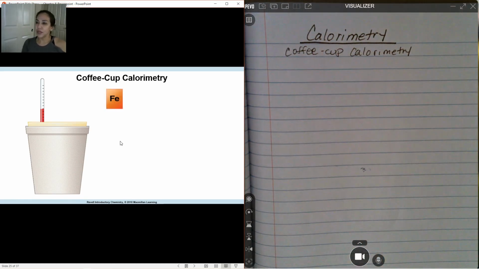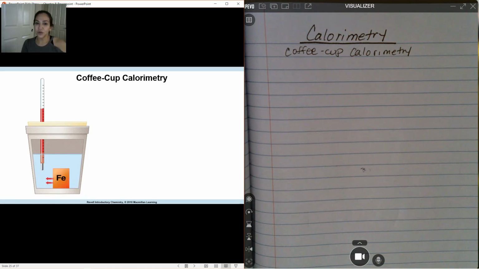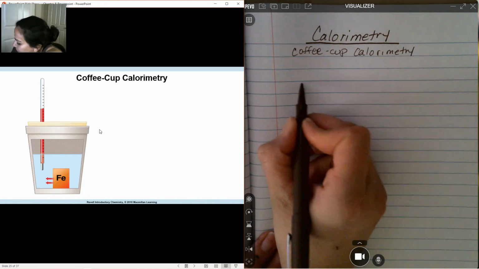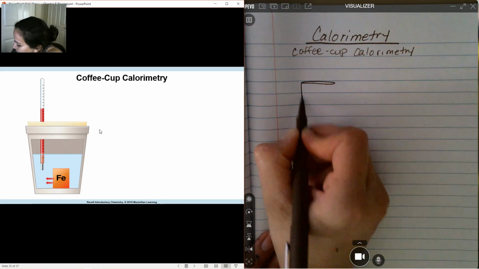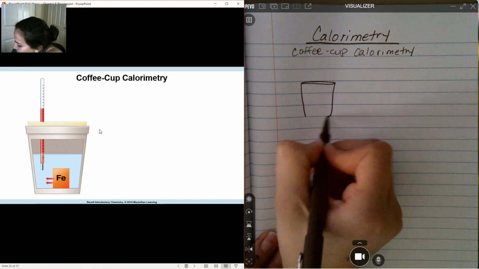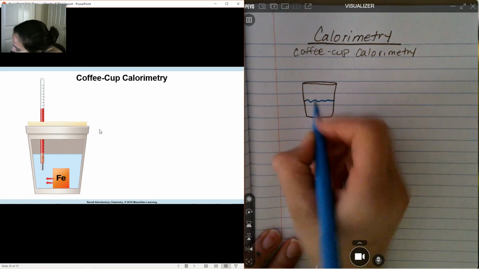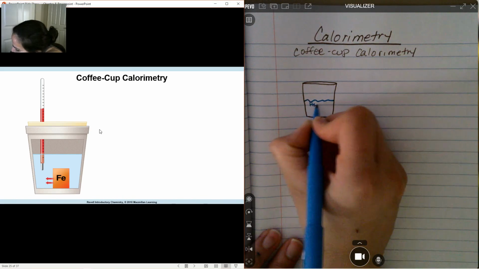All right, so in a coffee cup calorimetry, let's go through a little of what it's going to look like inside. We have a cup, and inside the cup is going to be our water.